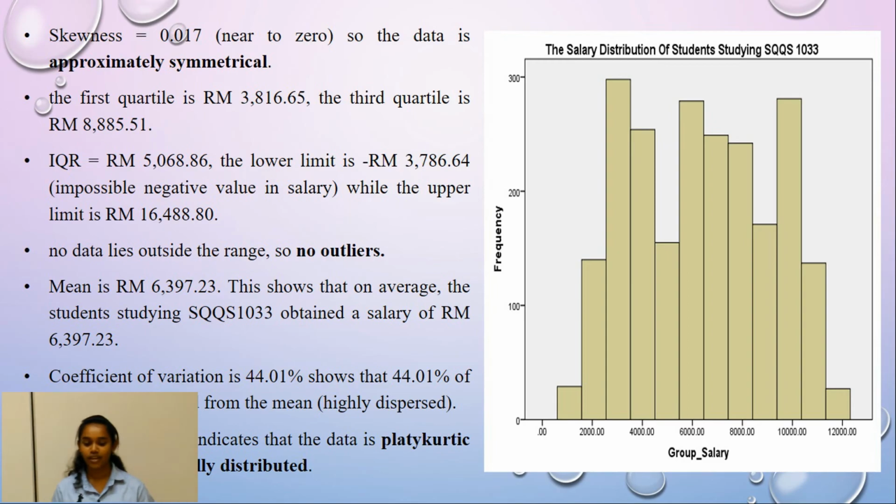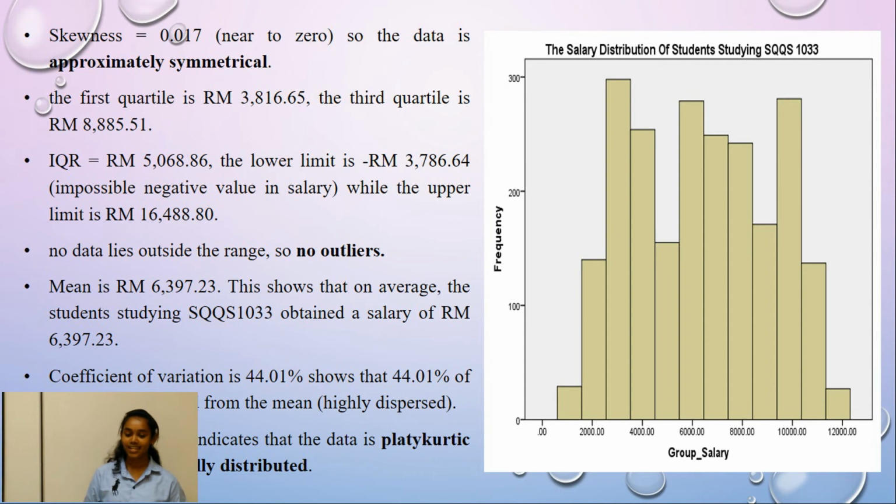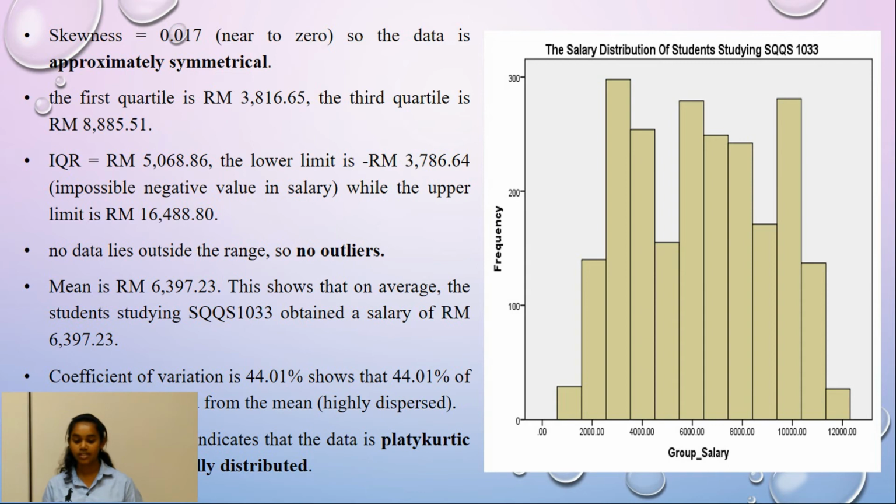From the graph we can describe that the skewness is equal to 0.017, near to 0. So the data is approximately symmetrical. The first quartile is 3,816.65. The third quartile is 8,885.51. IQR equals 5,068.86.